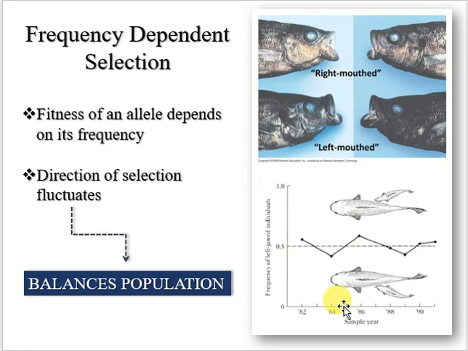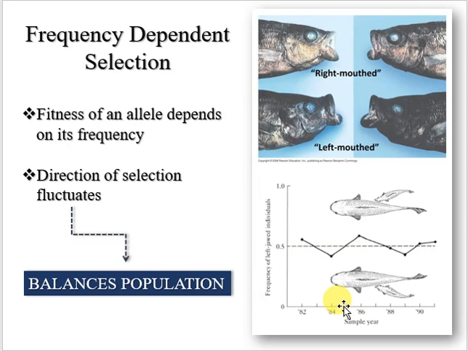So if there's heavy predation based on the left-mouthed phenotype, so if there's a high percentage of left-mouthed fish in the population, you'll have more prey species that start guarding against attack from the left side.